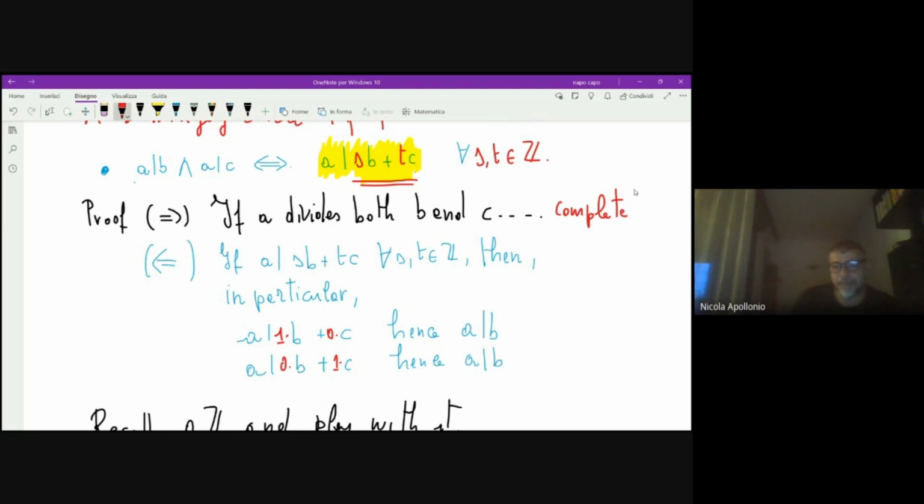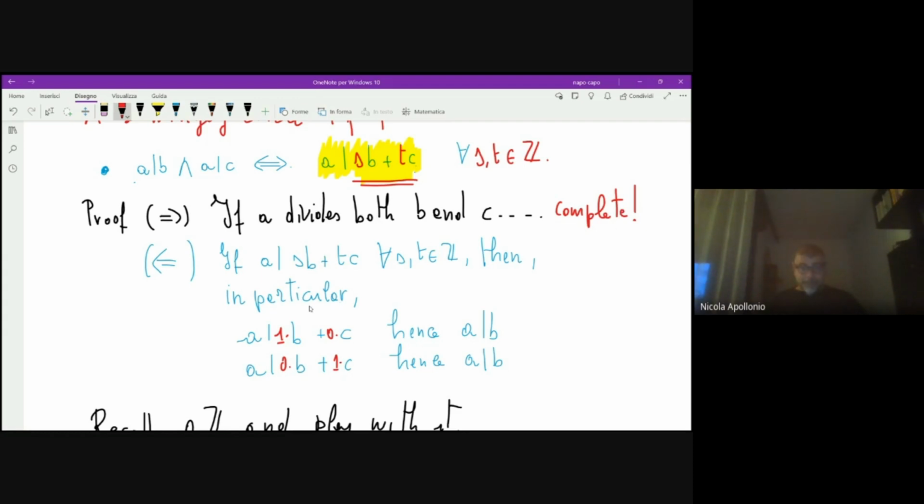I do the other direction, which is easier. So suppose that A divides every integer linear combination of B and C. Then of course it divides particular linear combinations, so pick two of them.